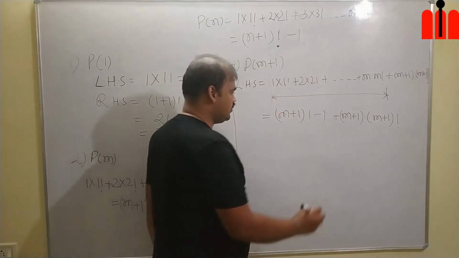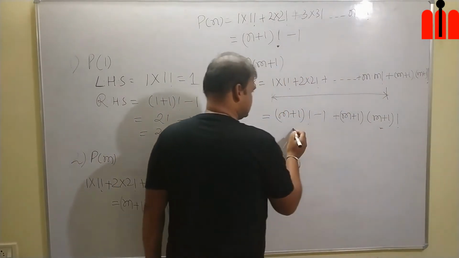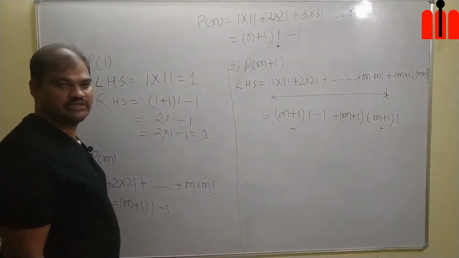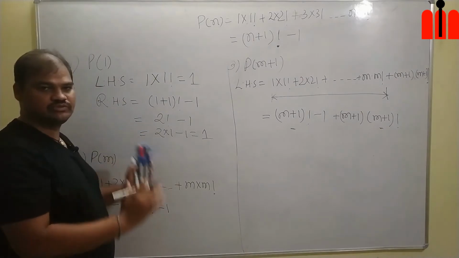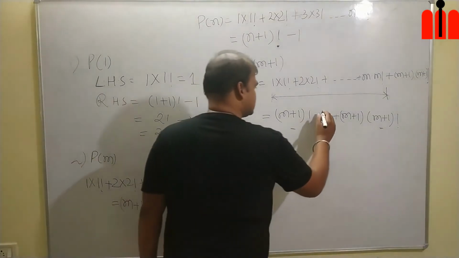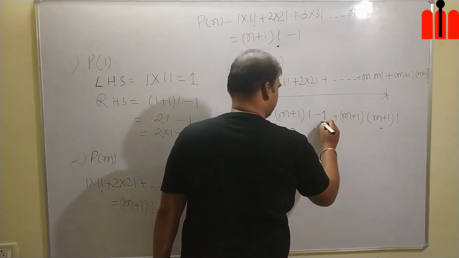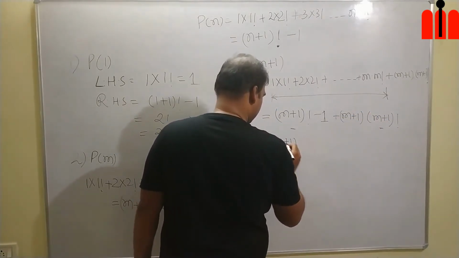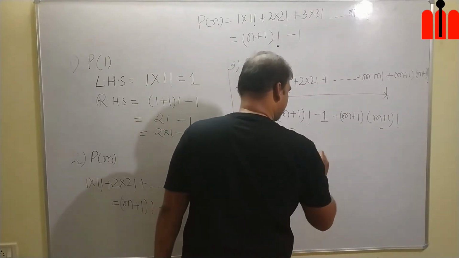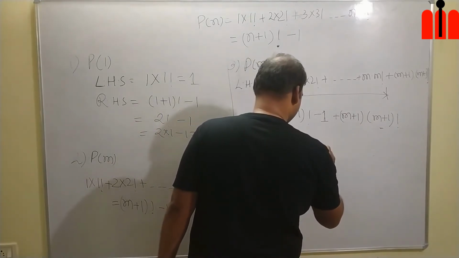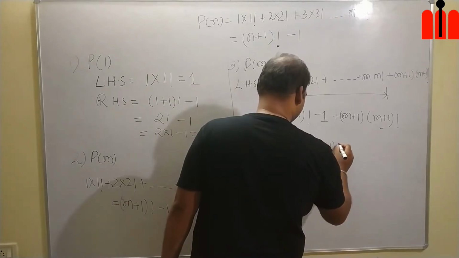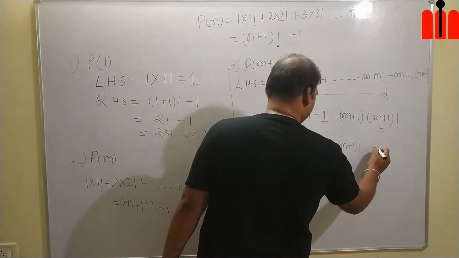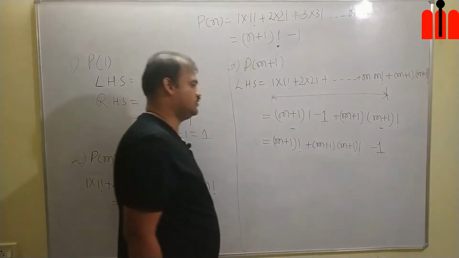Now in these two terms m plus 1 is alike, so I will combine these two, and let's take this minus 1 at the end. So it will be m plus 1 factorial plus m plus 1 into m plus 1 factorial minus 1.